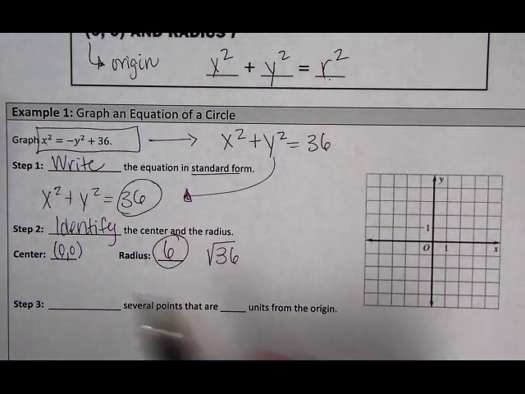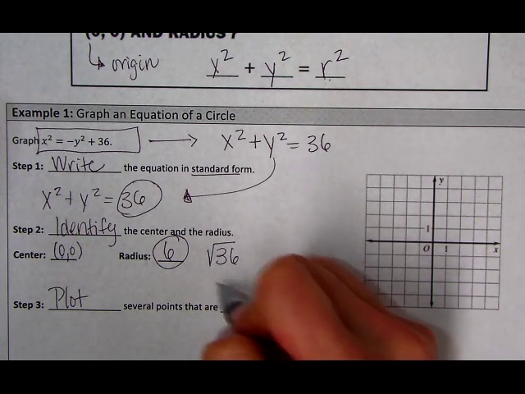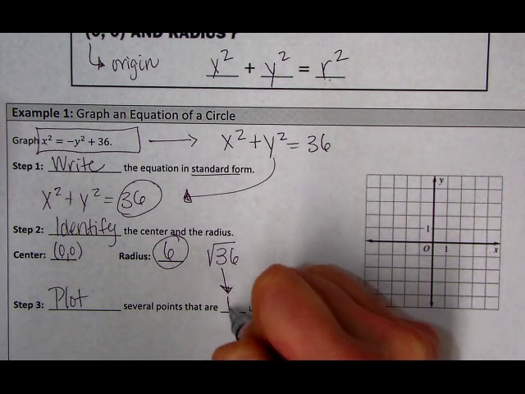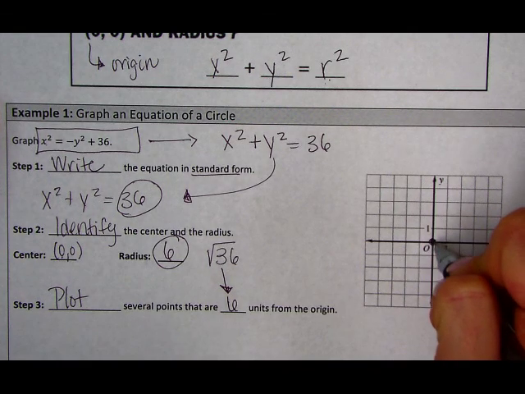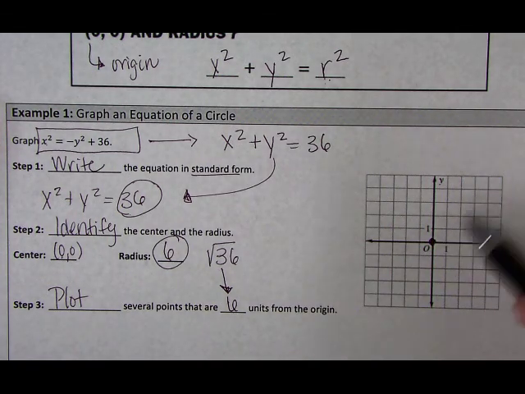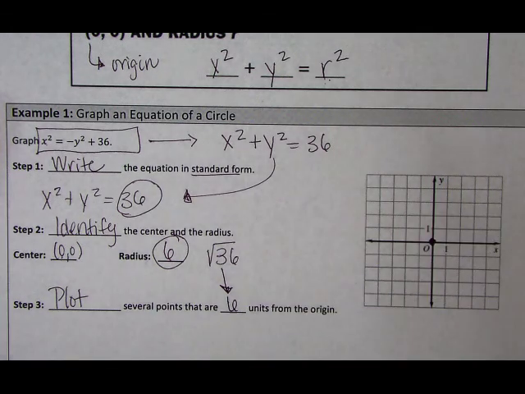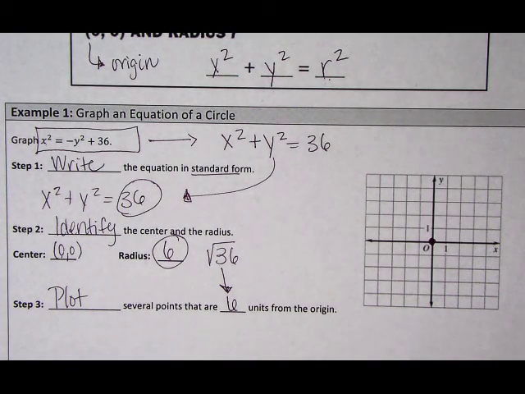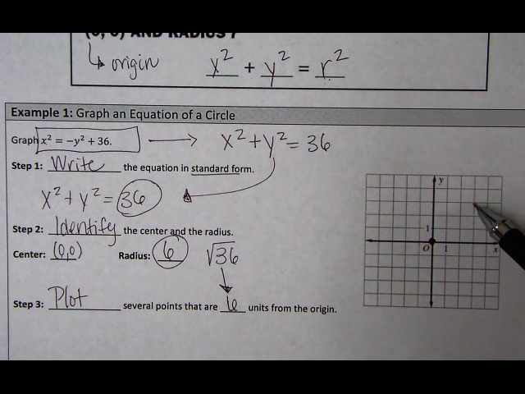The next thing you want to do is plot several points that are 6 units, because that's your radius, from the origin. So you know your center is at the origin, and your radius is 6 units from the origin. We can't go diagonally, because of course you're going to be 6 units away, but it's not necessarily going to fall in a nice spot.